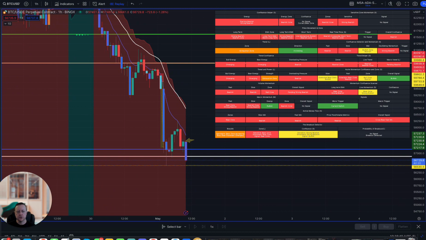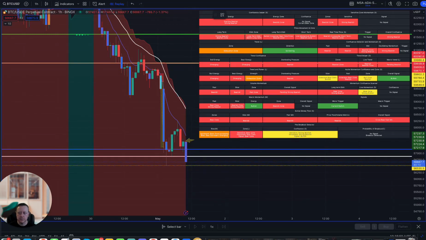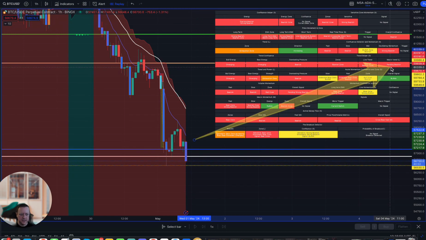And this gives you a little glimpse of what the Confluence monitor looks like on the hour, right? So the hour itself is actually pretty bearish in all the different places that I mentioned, right? Up here, current bear zone, here, pending bearish, macro trend, and then also active money flow.